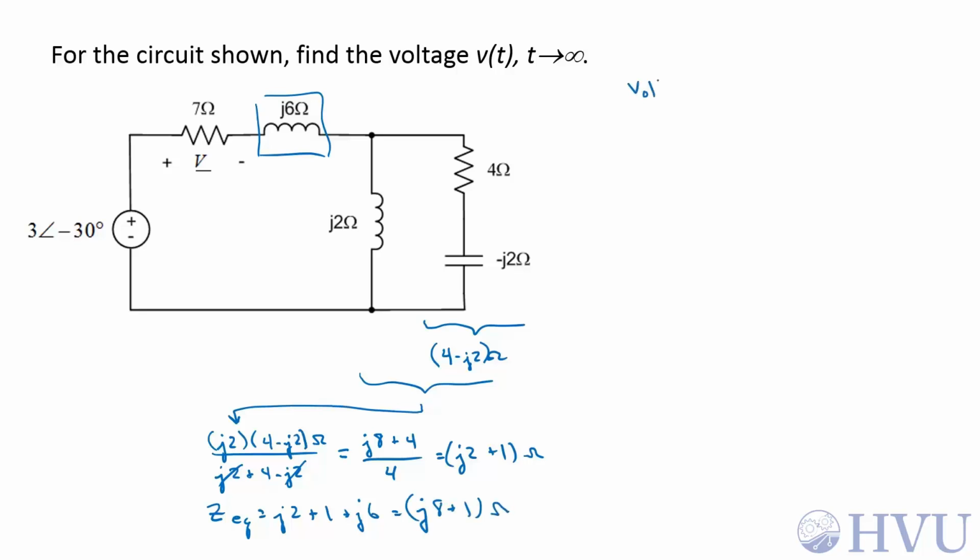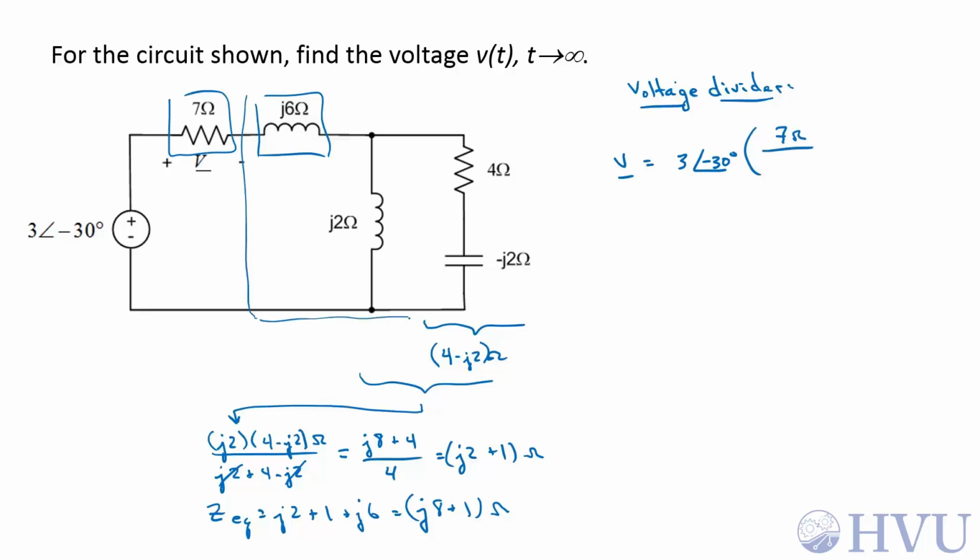Using my voltage divider that I talked about already, V as a phasor is going to be the input phasor voltage, 3 at an angle of minus 30 degrees, times this impedance, 7 ohms, over this impedance plus the equivalent impedance of this whole set of stuff over here. So 7 ohms plus J8 plus 1 ohms.